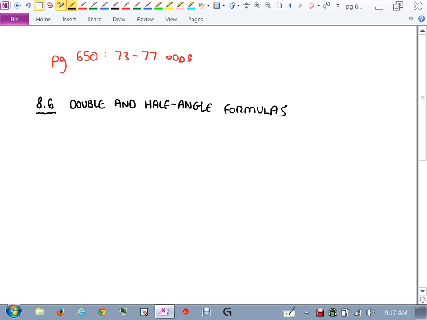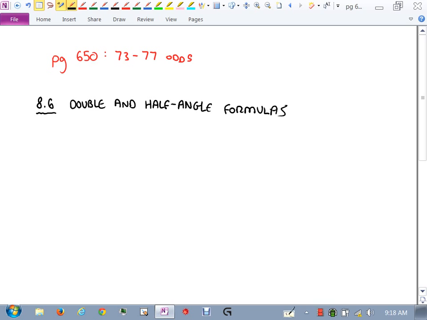Yeah, the half angles are not on here. So what I will do is allow you to write the half angle formulas on the back of this, all right? It's not very uncommon for formula sheets to be missing those because they actually come from another formula on there. So that's why they usually don't put them on there.